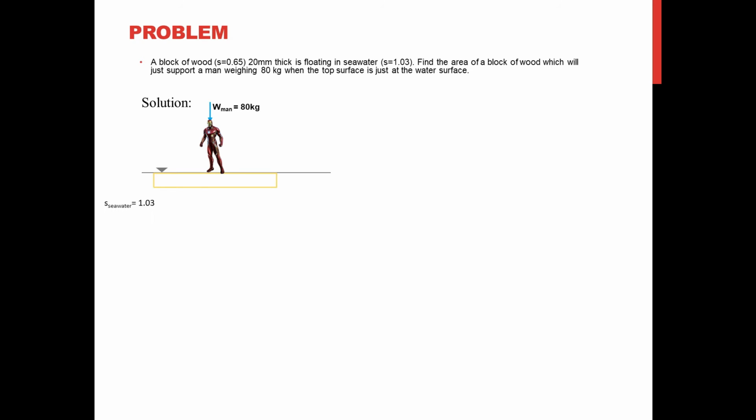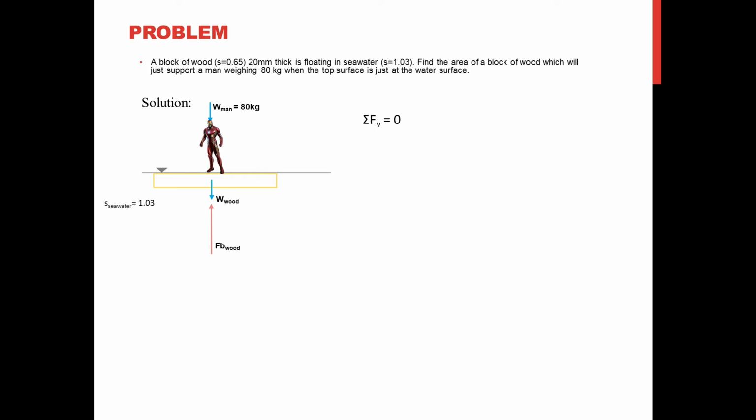And of course, the property of the specific gravity of seawater, which is 1.03. We also have the weight of our wooden block. So we have the weight of wood and the corresponding buoyant force of wood.